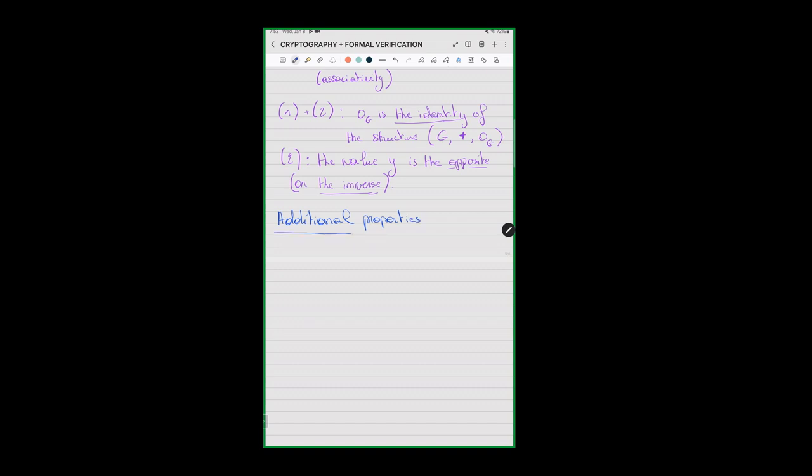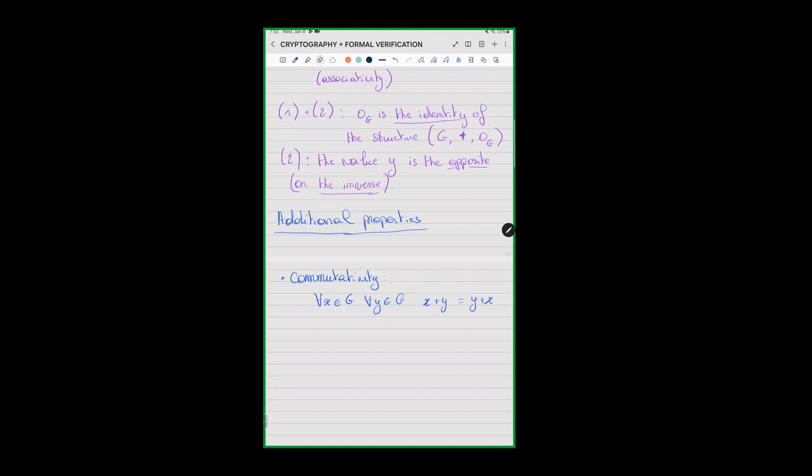I only have one in mind, which is the commutativity: for all x in G, for all y in G, x plus y equals y plus x. So it's an additional property.